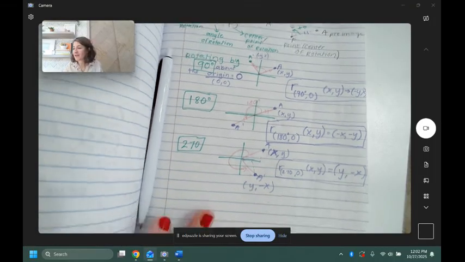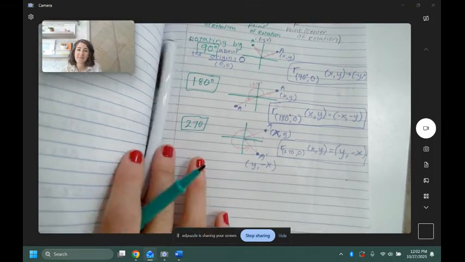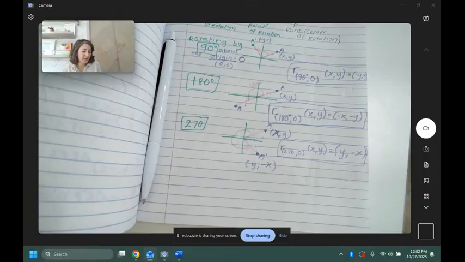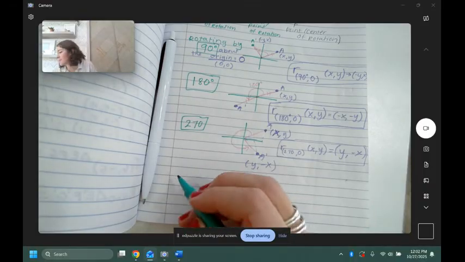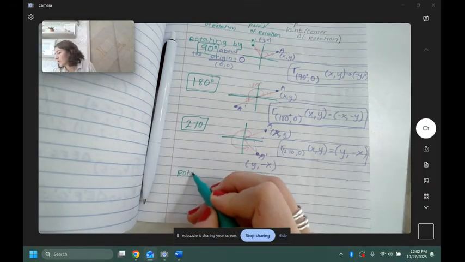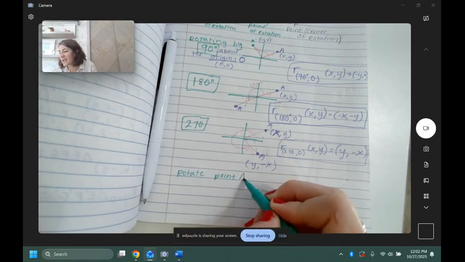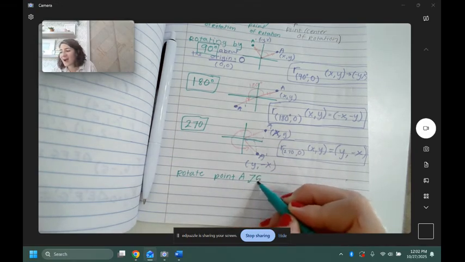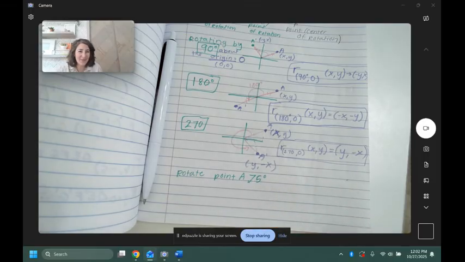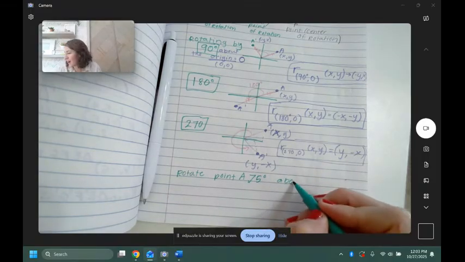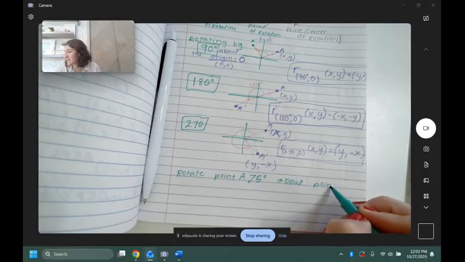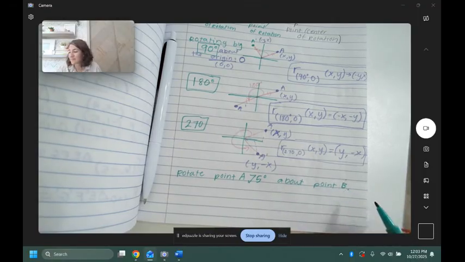Now, there's a whole lot more angles than just 90, 180, and 270. So what if I ask something like, rotate point A 75 degrees about a point P?